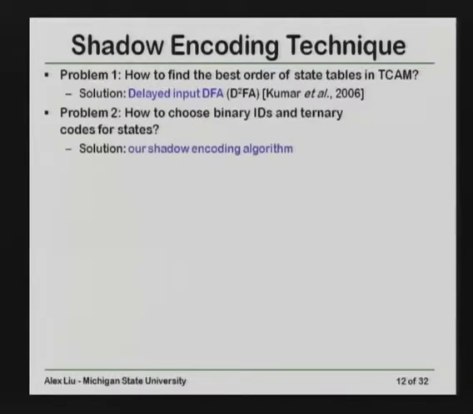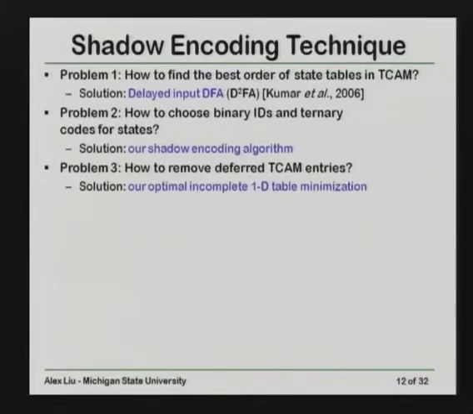The second problem is how to carefully choose the binary IDs and ternary codes for each state. So we have a shadow encoding algorithm. The third problem is how to remove the deferred TCAM entries, that is, how to remove entries from tables such that the table below can take care of those removed entries. So we have an optimal incomplete one-dimensional table minimization algorithm.